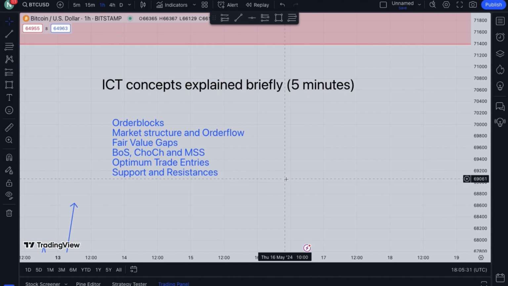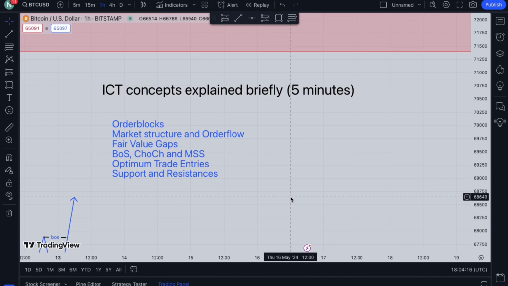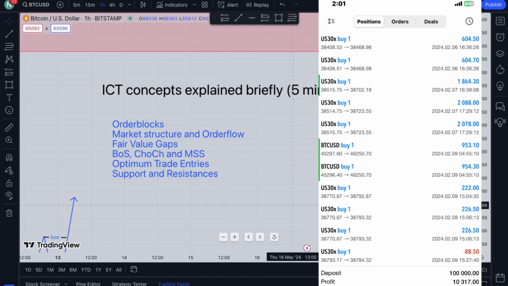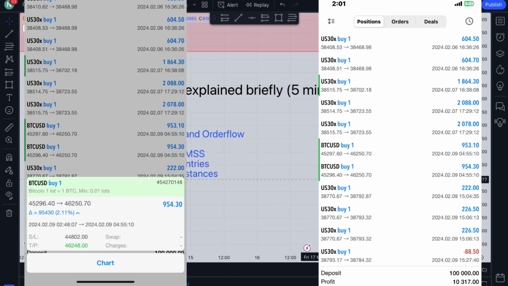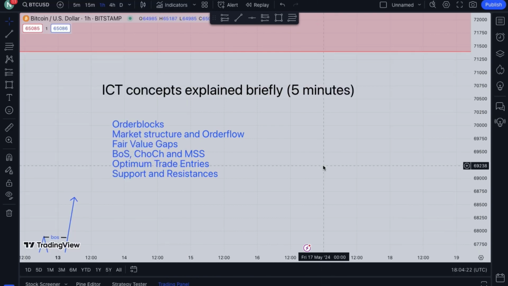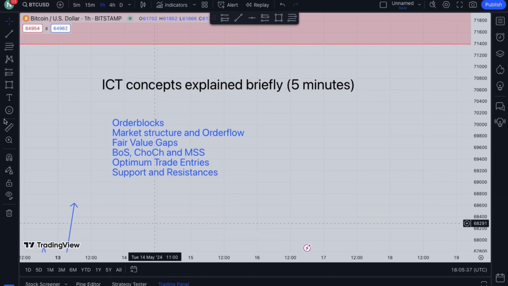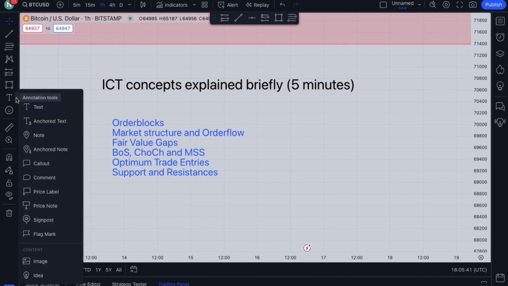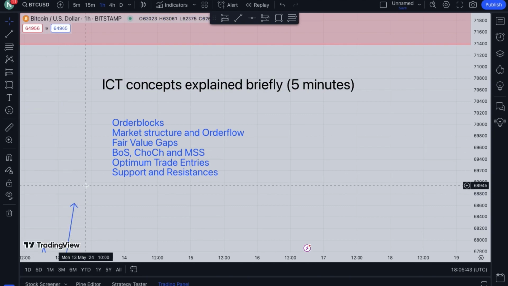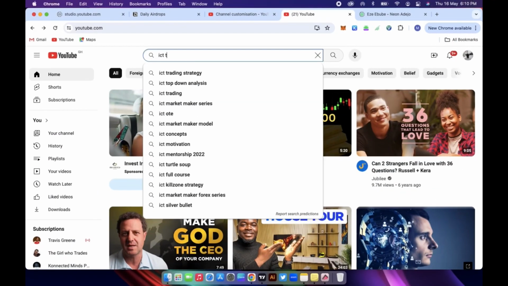It's one of the strategies that work really, really well. Works almost like magic. I have personally seen a lot of improvement in my trading since I started implementing ICT concepts, and it has also gained a lot of recognition among traders because it is a system that works really well. So, of course, I'm not the inventor of this.